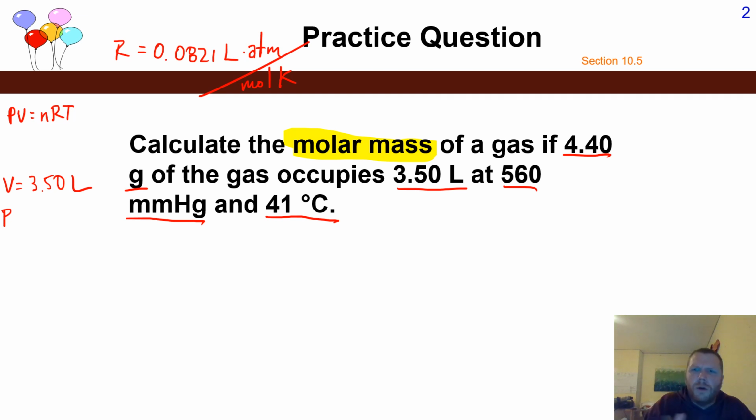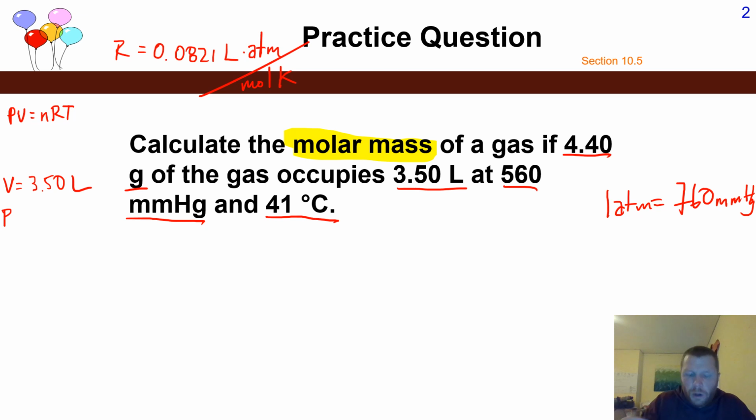Okay, so I know that 1 atmosphere is equal to 760 millimeters mercury.